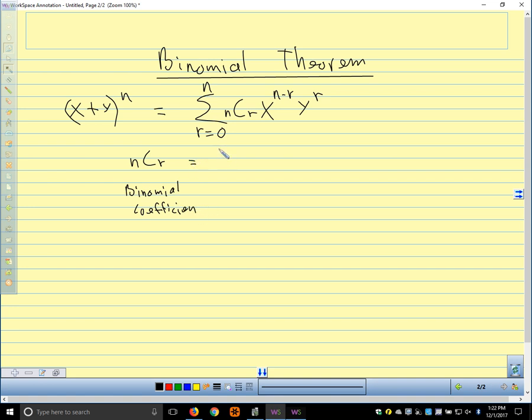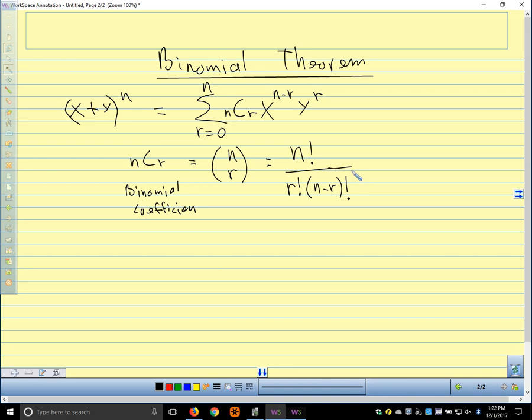And you'll also see it written like this. And the way we can calculate this, and this is the same as the numbers in Pascal's triangle, n factorial over r factorial times n minus r factorial.